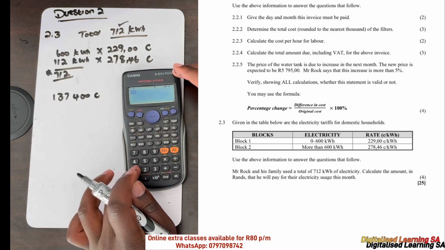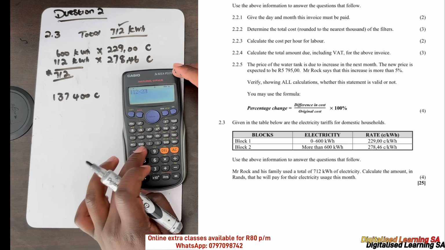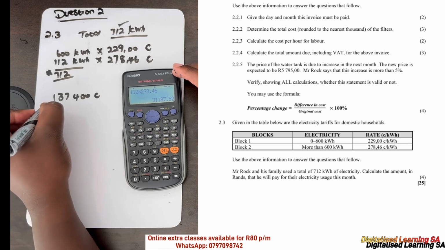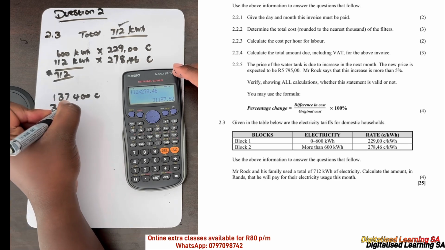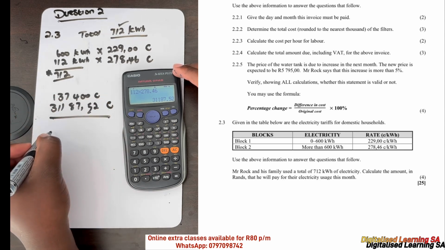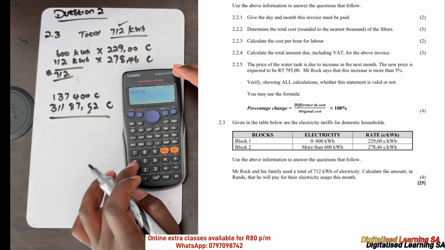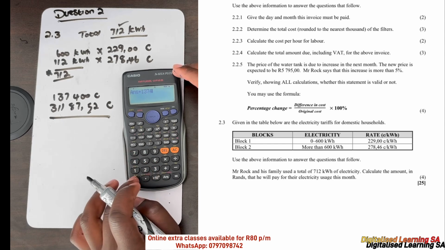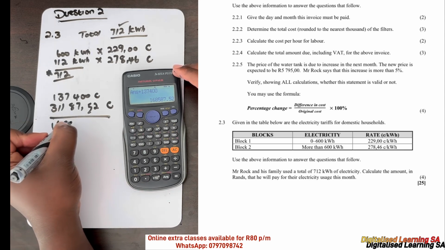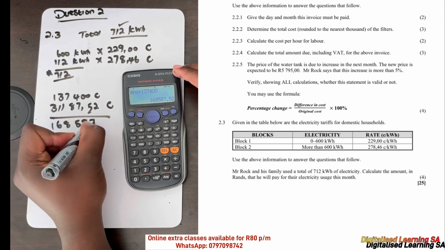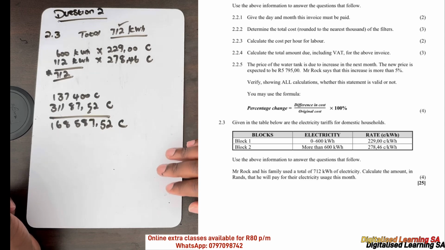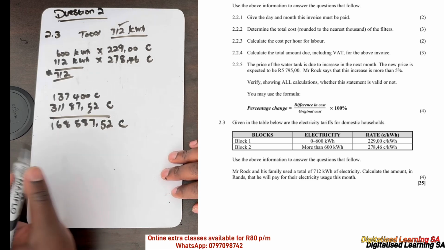And then now we will say 112 multiplied by 278.46, and our answer will be 31187.52. This is in cents. So now we can just add the two. So it will be 137,400. So in total it will be 168,587.52 cents.